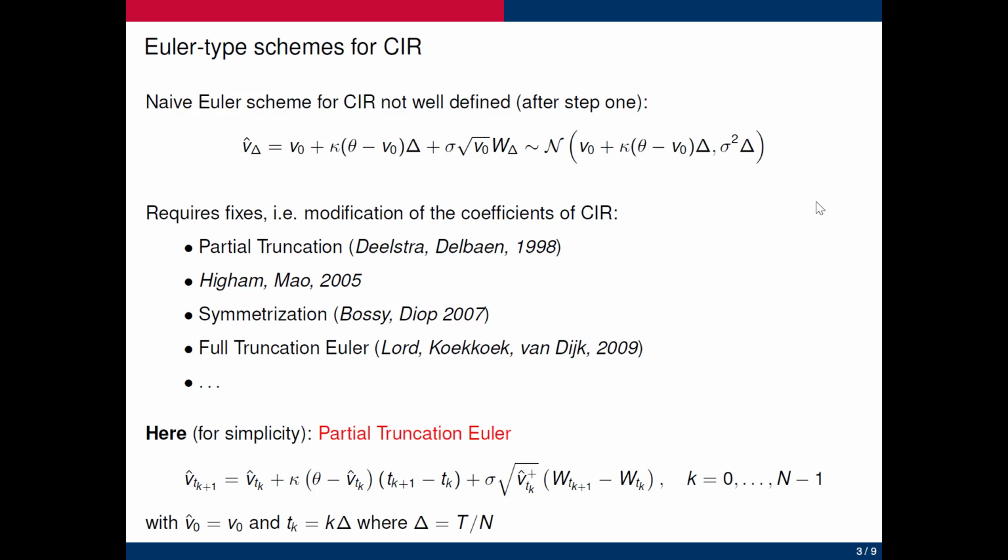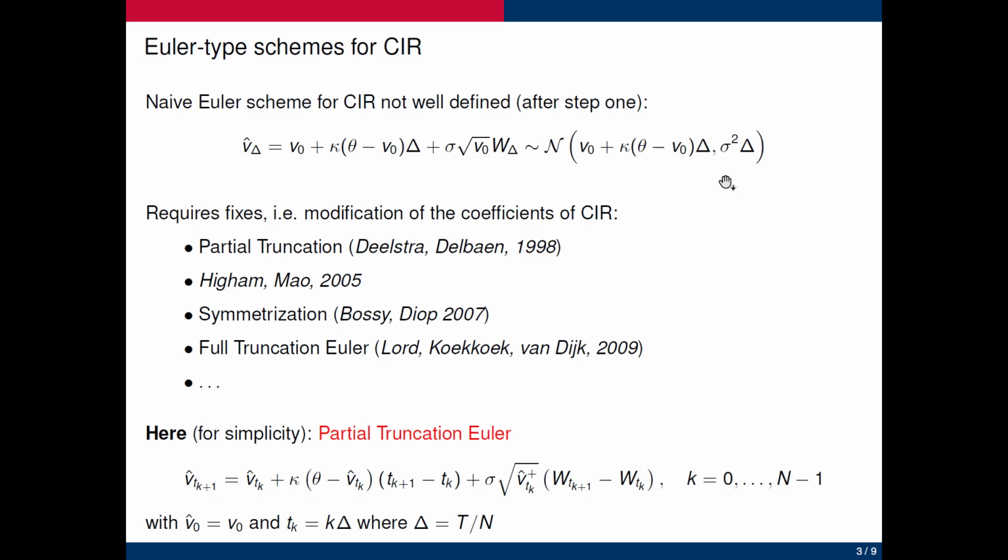A naive Euler scheme for the CIR process is not well defined. As you can see here, one step of this scheme is normally distributed with these parameters. So after just one step, the scheme can become negative, which causes trouble with the square root here. Therefore, a well-defined Euler scheme for the CIR process requires a fix.